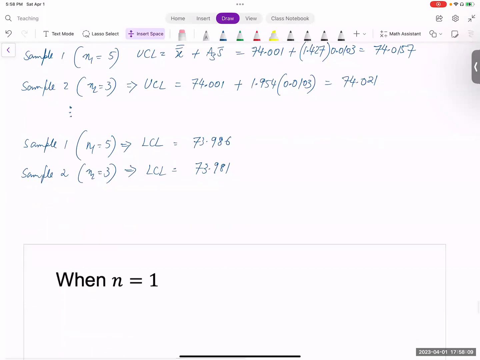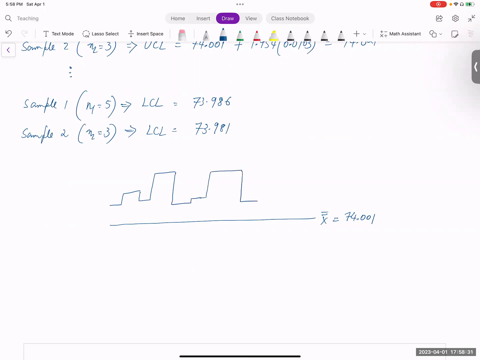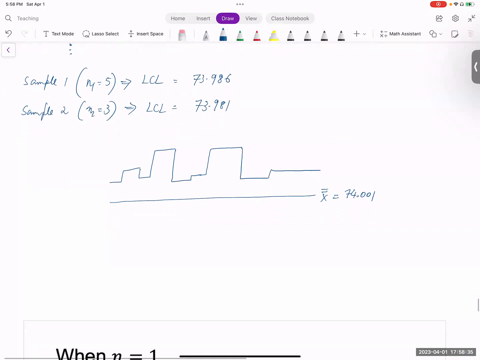And in fact, when you construct your control chart, it might look a little bit funny. You still have your center line at X double bar, which in this case is 74.001. But for every single sample, your upper control limit might be a little bit different. Not for everyone, but most of them. Whenever the sample size is different, it will be different. So this is how your UCL will look, and this is how your LCL looks.